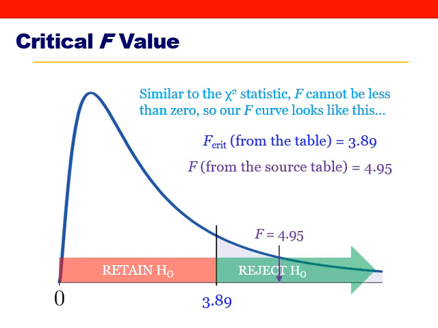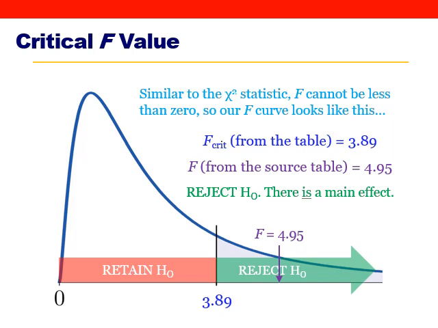Back in the source table, we calculated our F statistic for this study is 4.95. If we plot that on the number line, we clearly fall within the green area, which tells us we are going to reject the null hypothesis, and our conclusion is that there is a main effect.